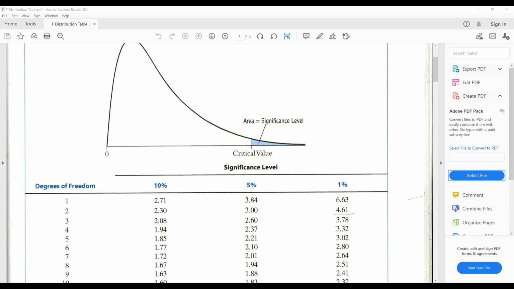Now we need to look at the 0.05, degrees of freedom is 2, and then here we have 120, right? And that gives us, okay, this.